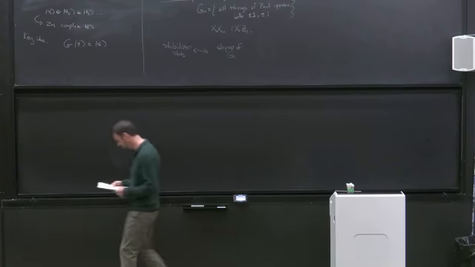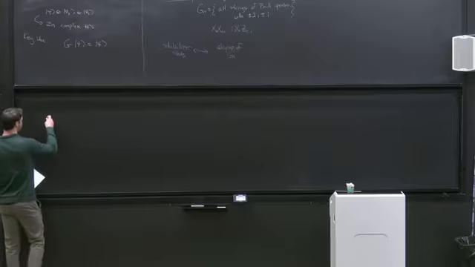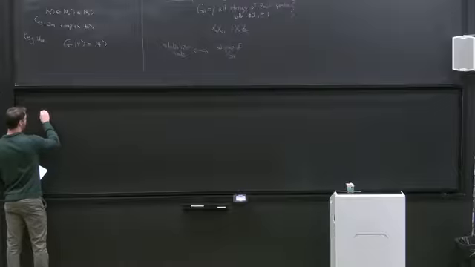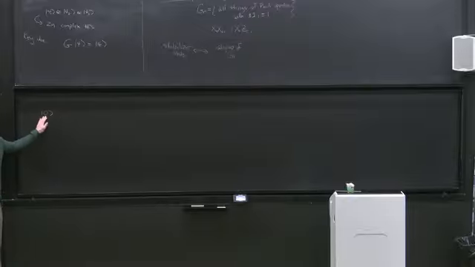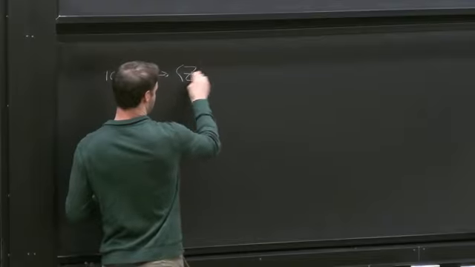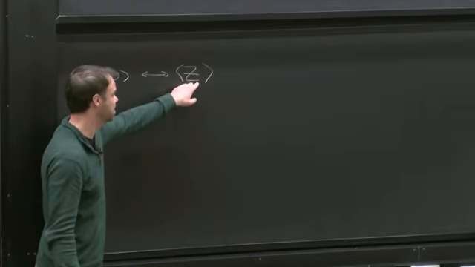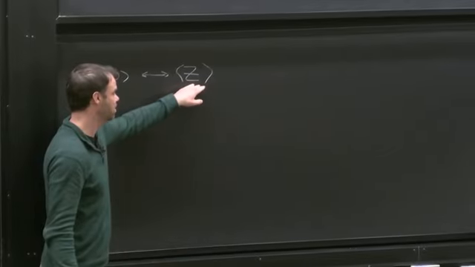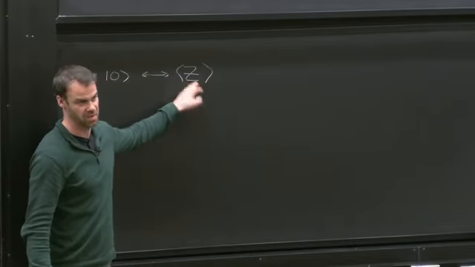Okay, so very simple examples of stabilizer states. Let's say I have the state 0. I can either write that down as a ket, or I can say this is the state stabilized by the subgroup of Gn generated by Z, right?